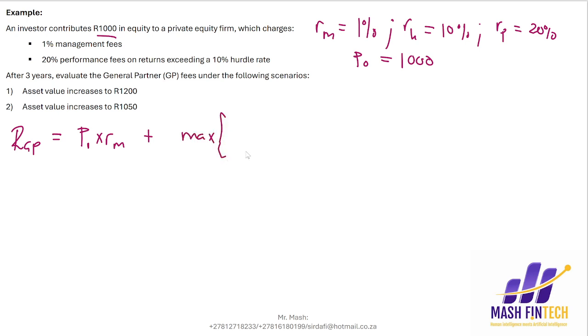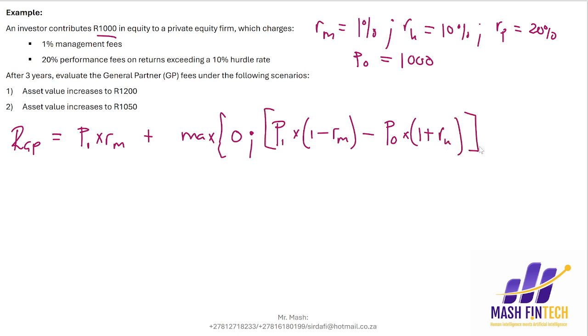Either we are not going to add anything. It means whatever comes after this, if it's a negative, then we don't add anything. But if it's a positive, we add this side, the end of period value multiplied by 1 minus the management fee. And then we subtract the equity price multiplied by 1 plus the hurdle rate. And then the answer we get here, we have to multiply it with the performance fee.